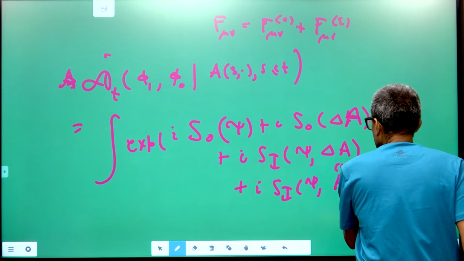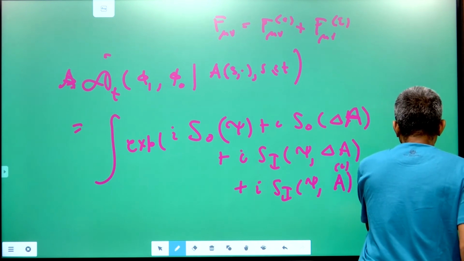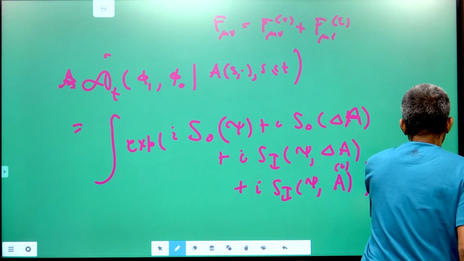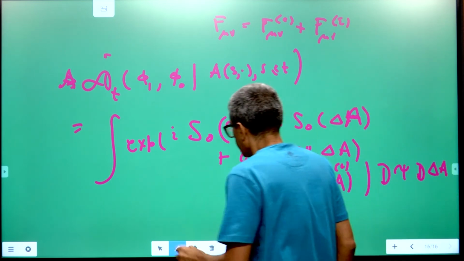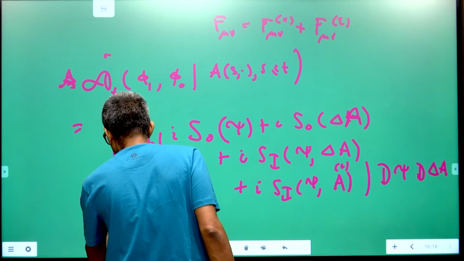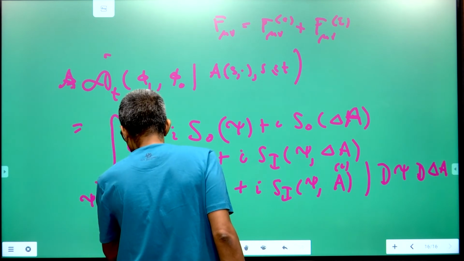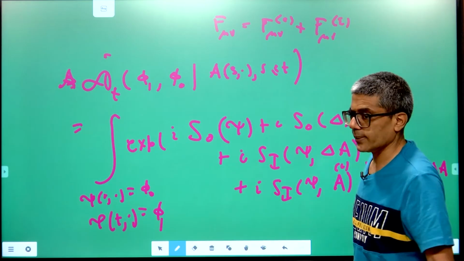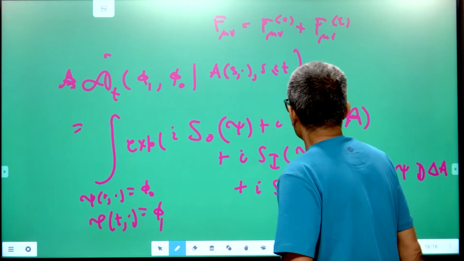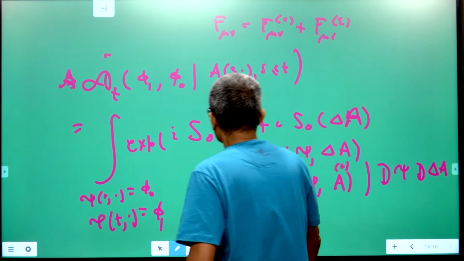So you have to compute this and take d psi and d delta A over all field configurations, in such a way that psi at 0 is phi 0 and psi at t is phi 1, with delta A varying over all possible configurations of the quantum electromagnetic field. So this will give you the desired transition probability, right.